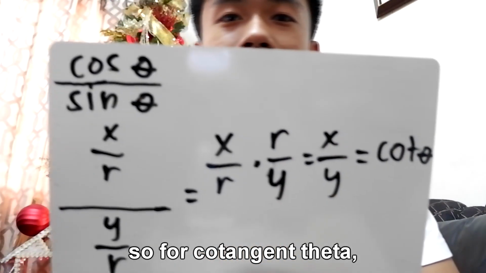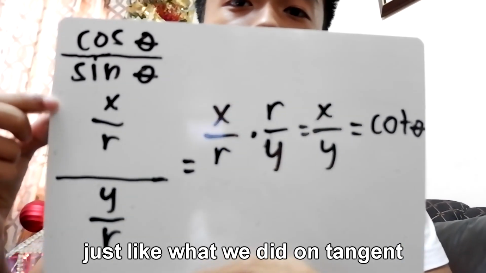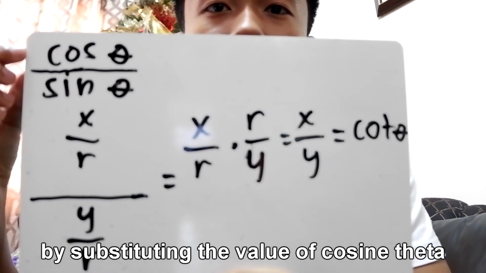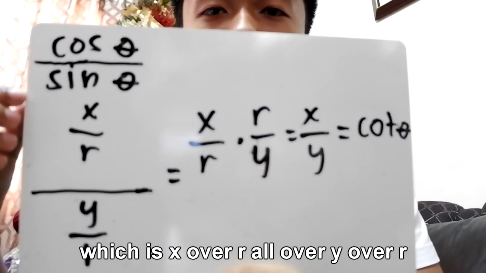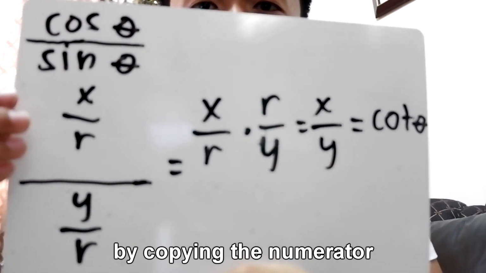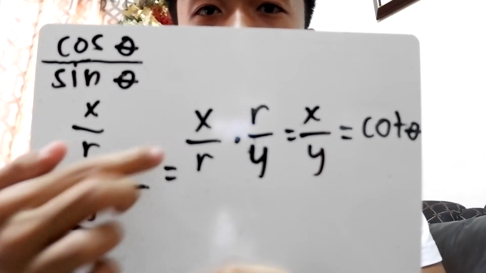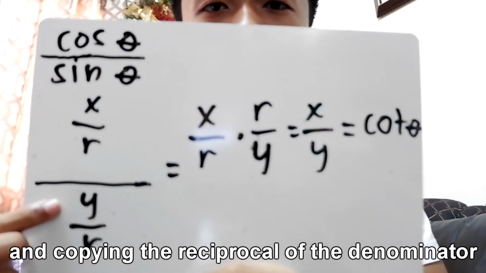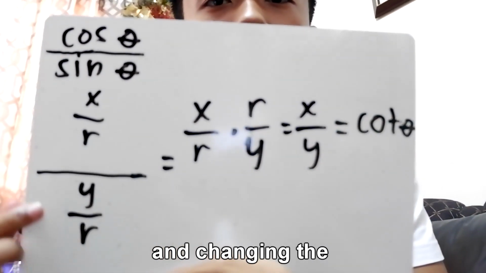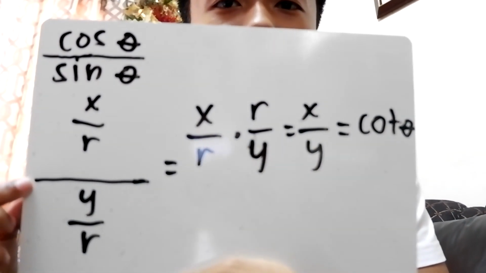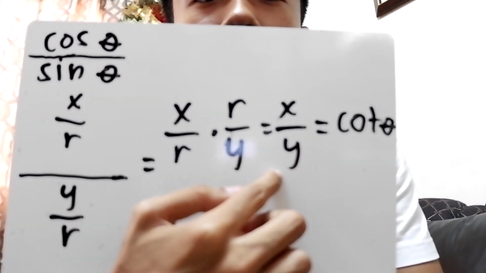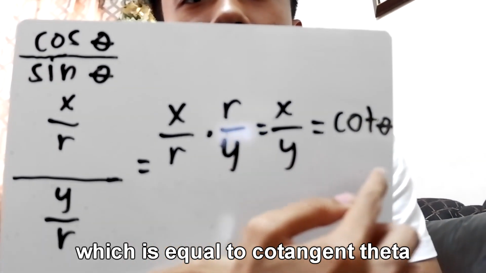For cotangent theta, just like what we did for tangent, we substitute the value of cosine theta over sine theta, which is x over r over y over r, copying the numerator and the reciprocal of the denominator and changing this to multiplication, and we'll get x over y, which is equal to cotangent theta.